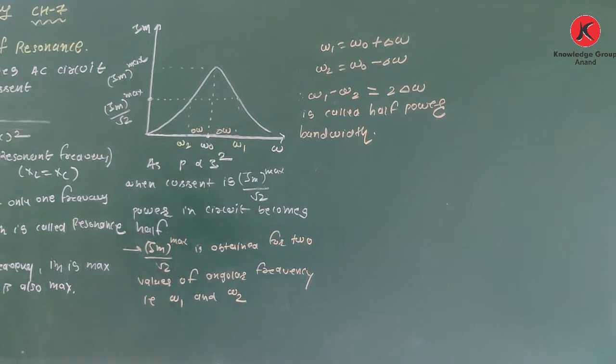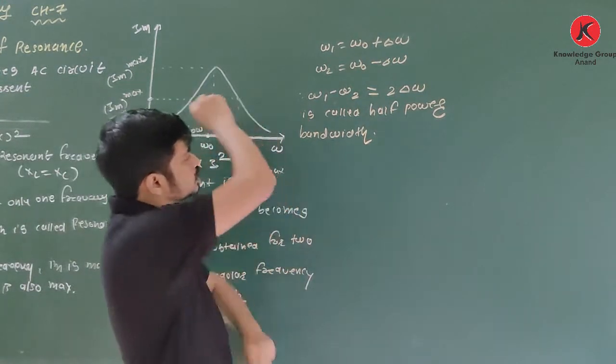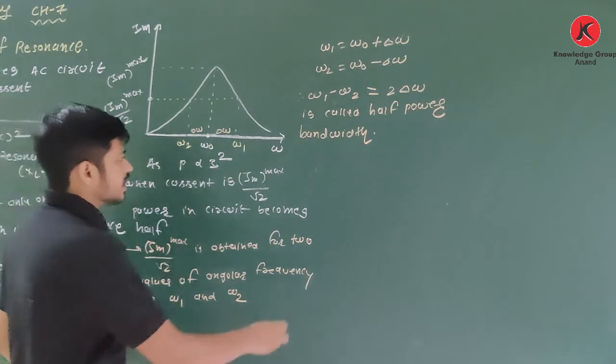Okay, now omega 1 minus omega 2 is equal to 2 delta omega, which is called the half power bandwidth.